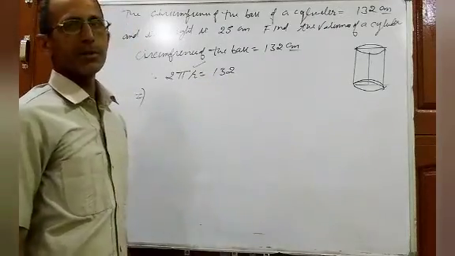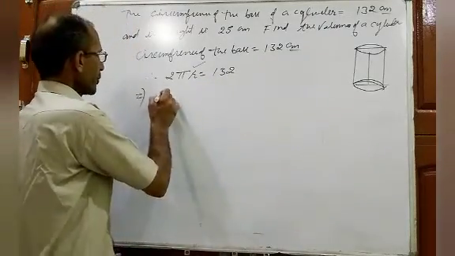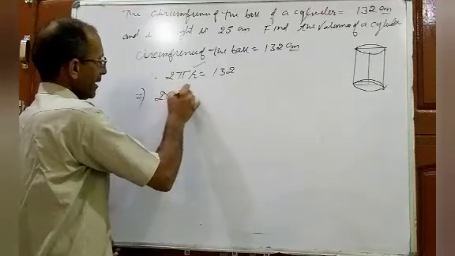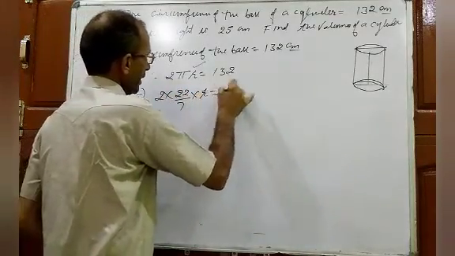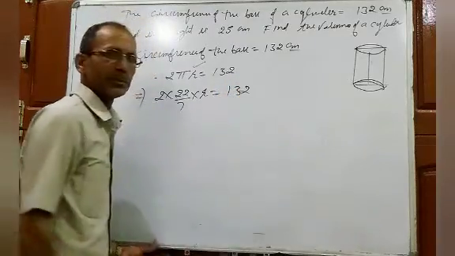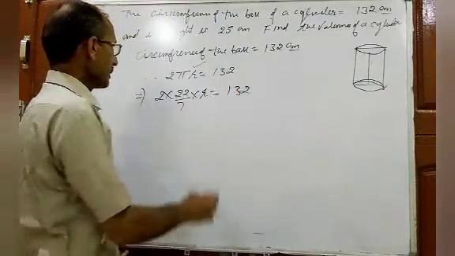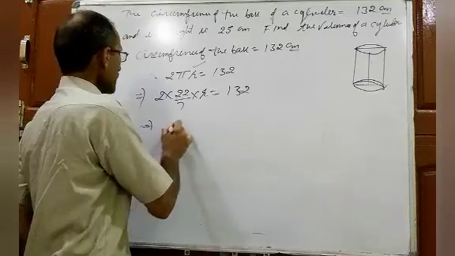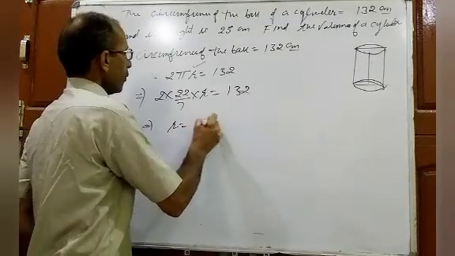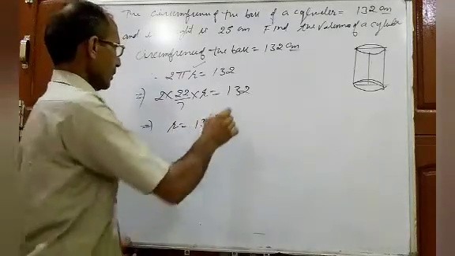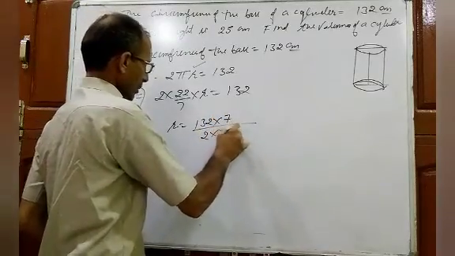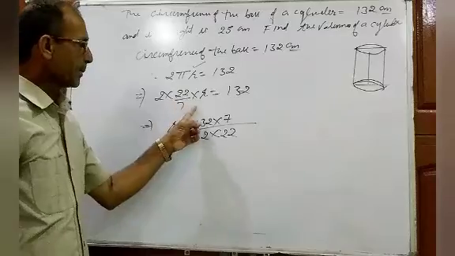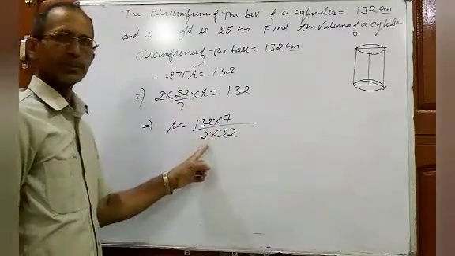2 pi r is equal to 132. So 2 times the value of pi, 22 by 7, times the radius is equal to 132. So the radius is equal to 132, take the reciprocal, 7 by 22 by 2.